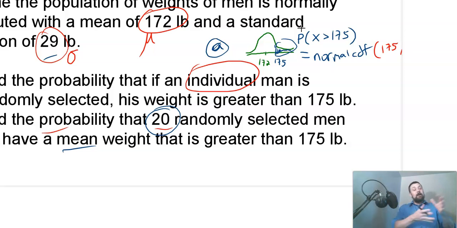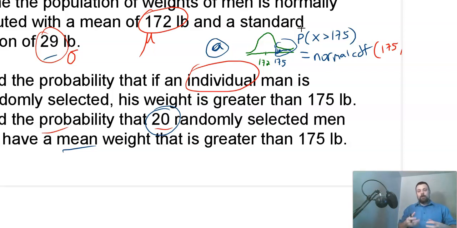I talked about this in the video for 6.1. Yes, there is an actual upper limit to how much somebody can weigh. Somebody can't weigh 5,000 pounds, but the model we're using to model men's weights goes forever to the right, to infinity, even though biologically those numbers become impossible.